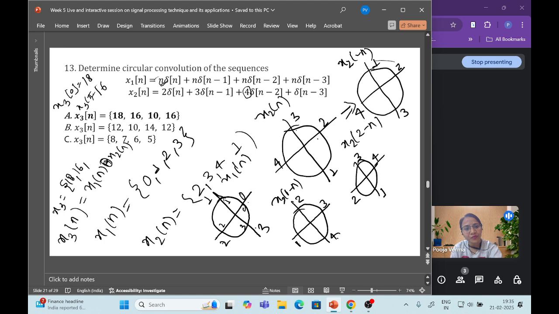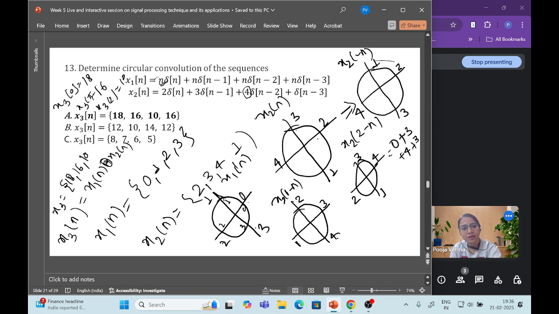Now multiply with x1 of n: 4 into 0, 0, plus 3 into 1, 3, plus 2 into 2, 4, plus 1 into 3, 3. So 3 plus 3 is 6, plus 4 comes to 10. So x3 of 2 is 10.